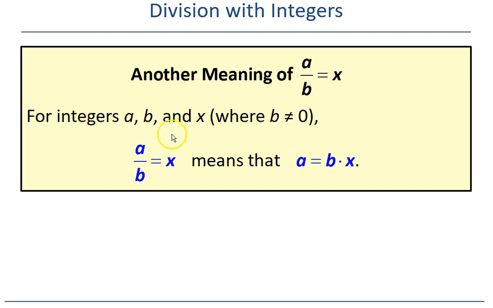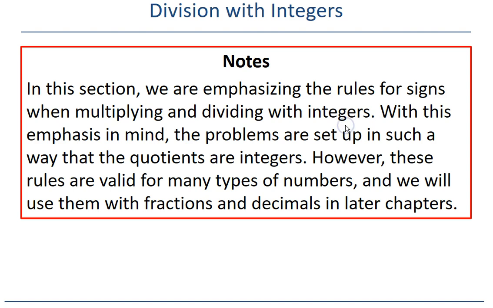So here is an arrangement of a numerator, a denominator equals a result. And the letter B, that is the denominator here, can never be equal to a 0. We'll define that in a few minutes.